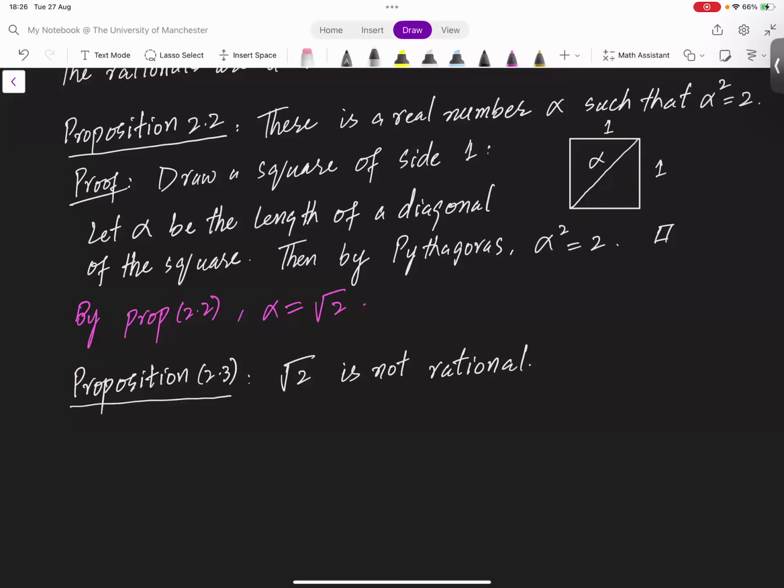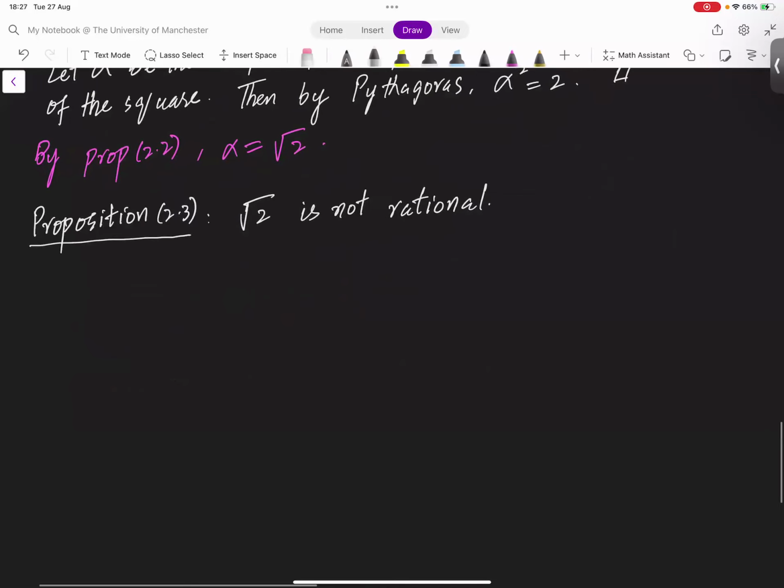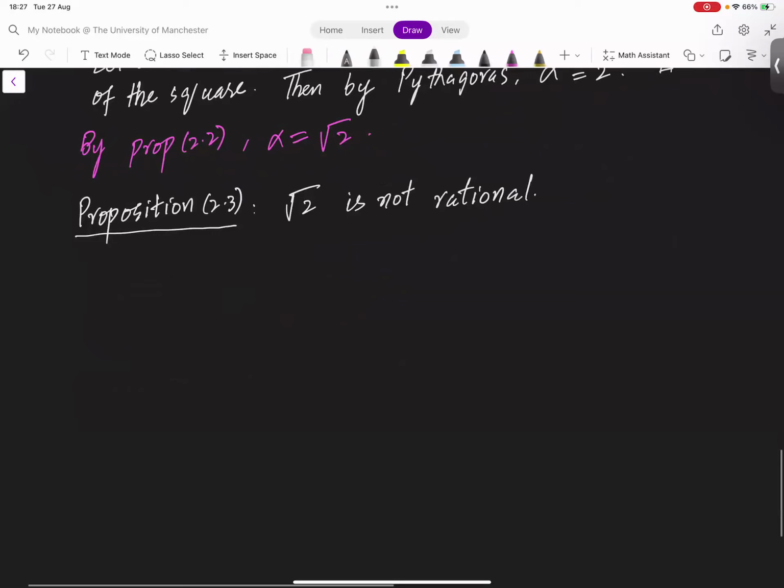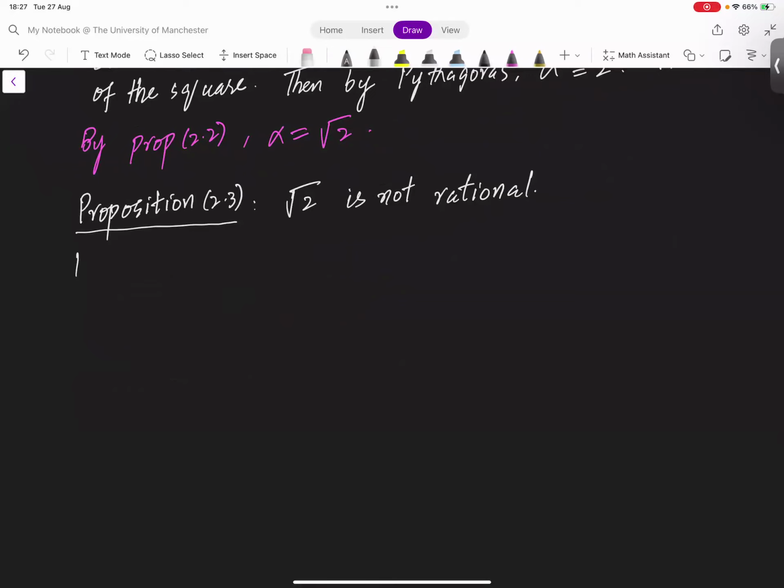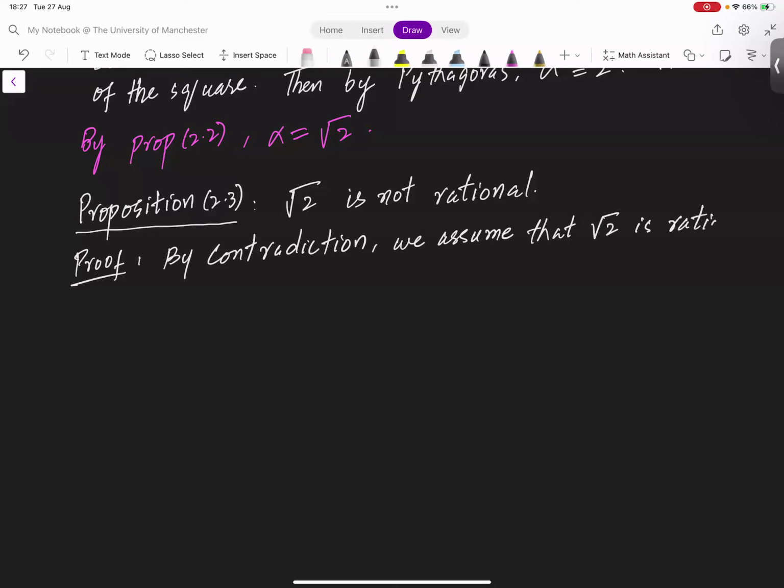Now we'll prove this by contradiction. By contradiction, we assume that square root of 2 is rational.